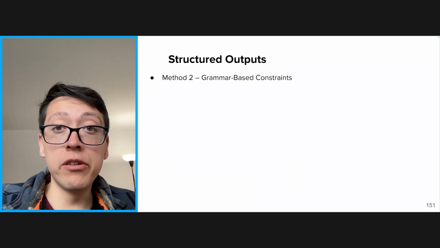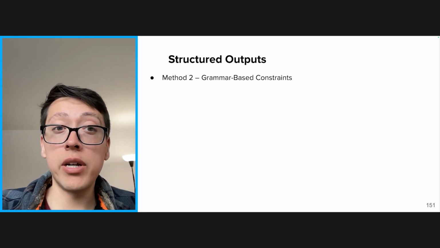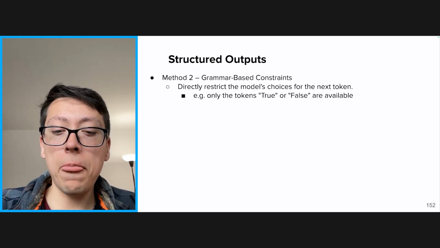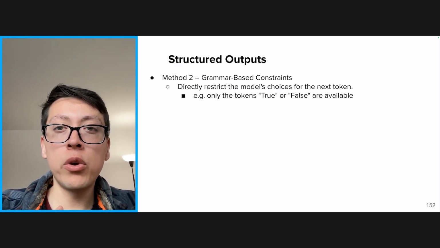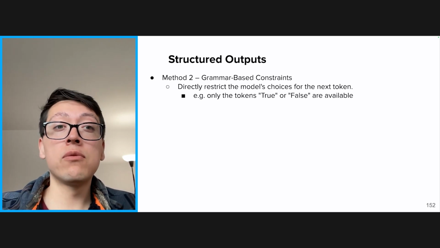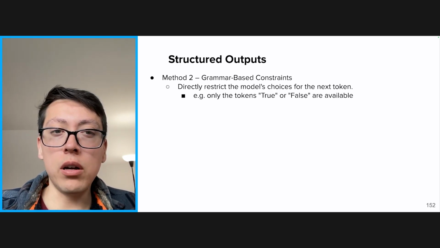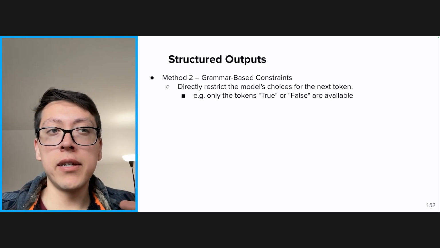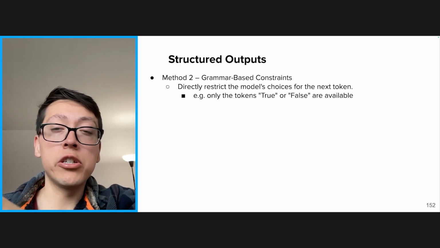Now for method number two, which uses grammar-based constraints. Here, we are not training the model to do it. Here we are mainly restricting the model's choices for the next token. On top of the model, we are removing all of the token options the model can generate.